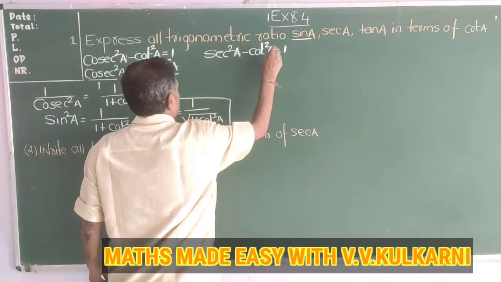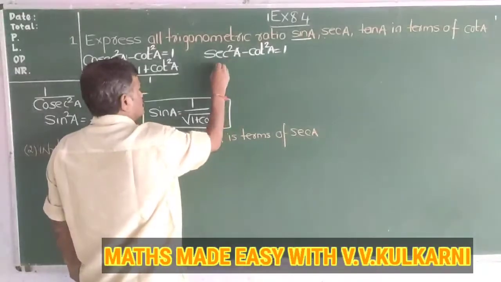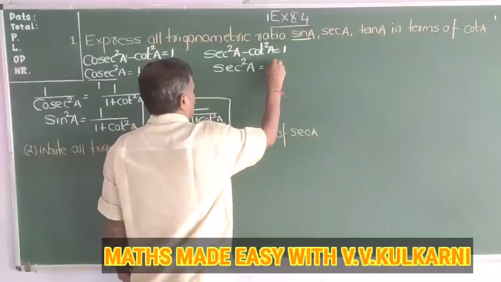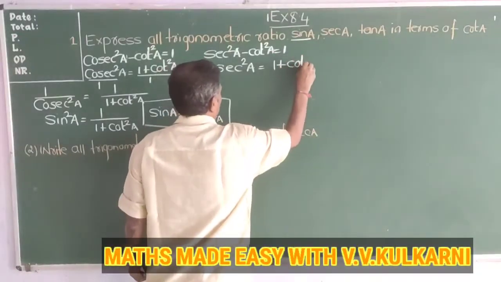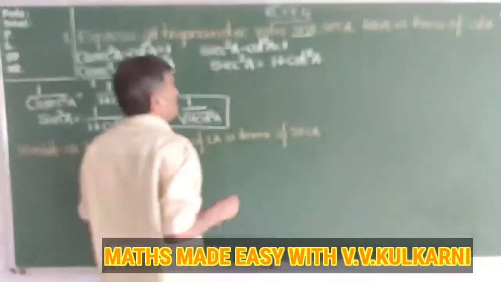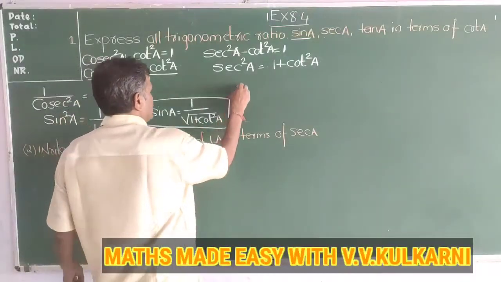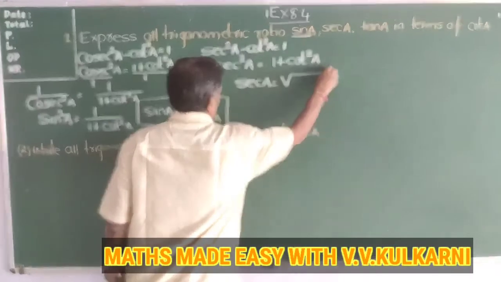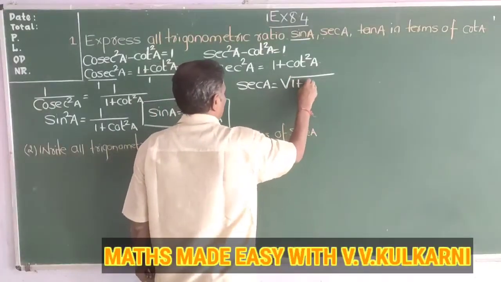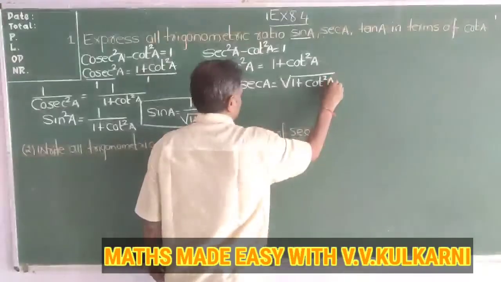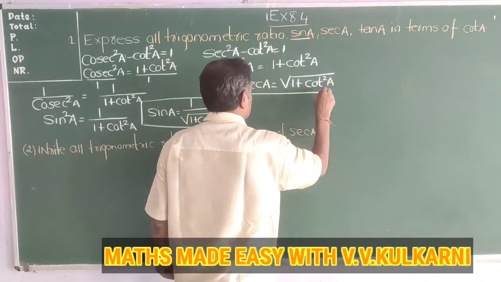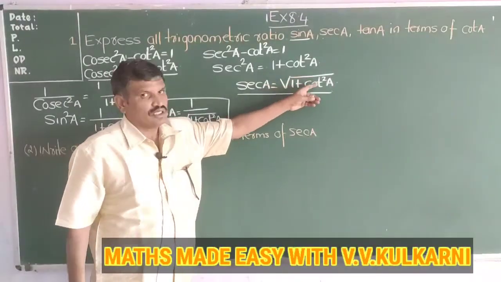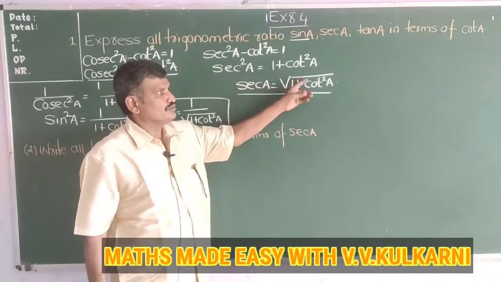So what will I do here? I will write secant square A is equal to 1 plus cot square A, and children, sec A will be equal to under root 1 plus cot square A. So you see, we have converted sec A in terms of cot A.